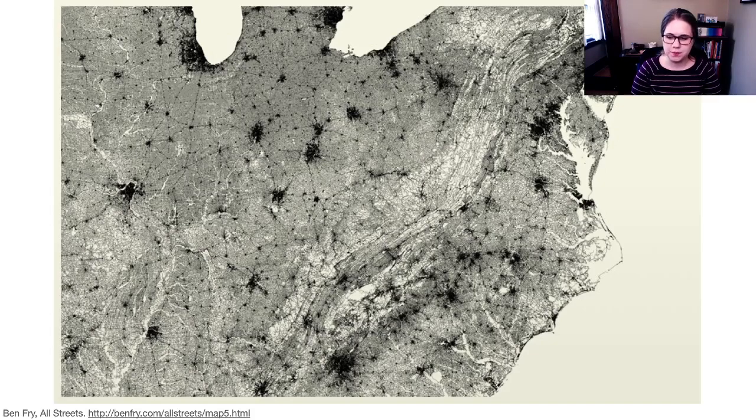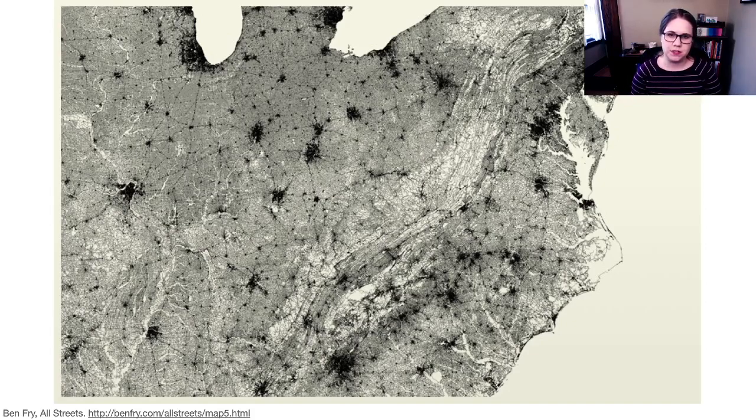I also love this piece by Ben Fry. It's called All Streets. And the only thing that is being drawn on the digital paper here are the locations of streets in the United States. And what you can see is the population centers, the population density, and you can also see geographic features like where rivers are, or I think that's kind of the Appalachian Mountain Range there.